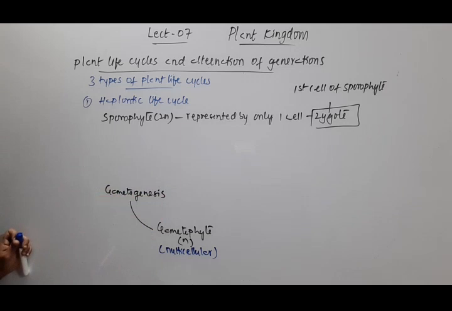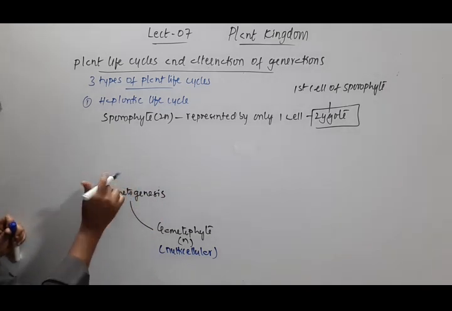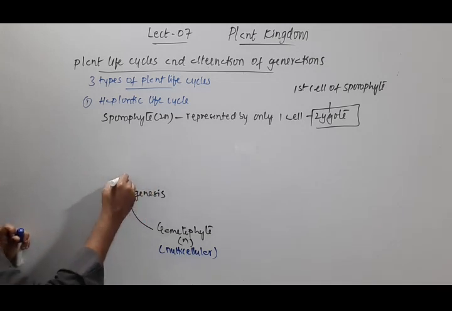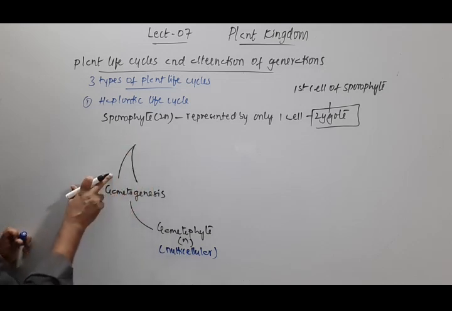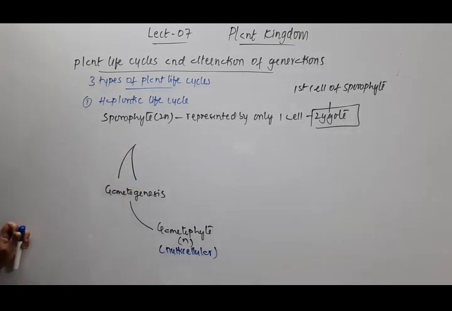So production of gametes results in the formation of male gametes and female gametes, which I have mentioned earlier. So I'm just mentioning two lines. This indicates one is the male gamete, and another one is the female gamete.